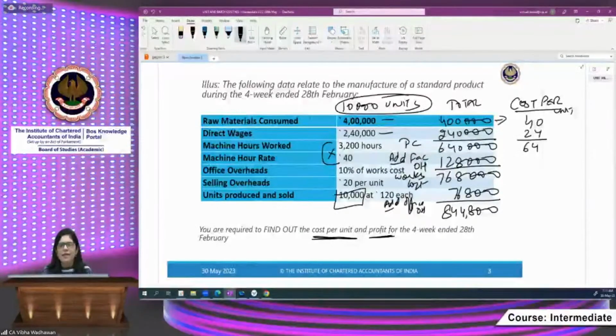Keep on dividing by 10,000. 1,28,000 divided by 10,000 is 12.8. 7,68,000 divided by 10,000.